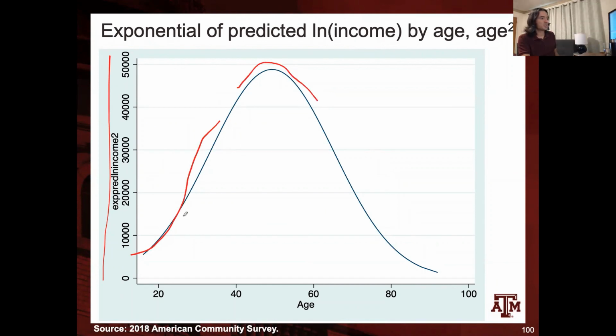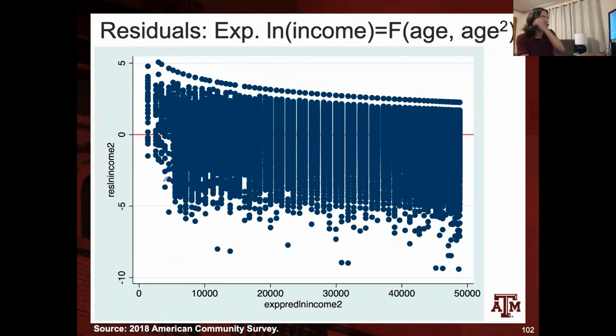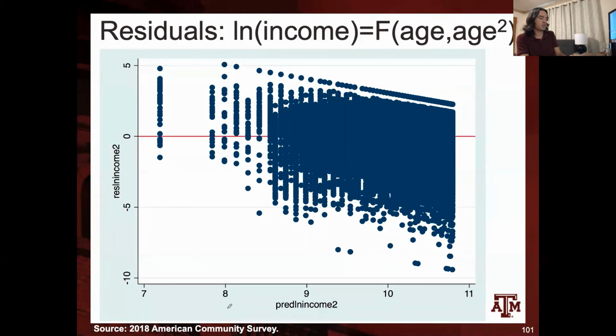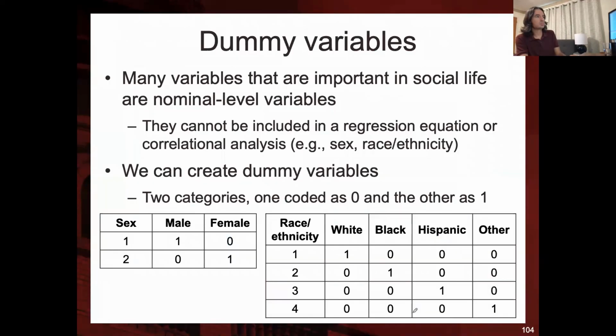This one here because it was log of income, and this one here because of age and age squared. But still my residuals are not good, even using age and age squared. They still have problems of heteroscedasticity. And this is showing here log of income and here the exponential of the log of income.